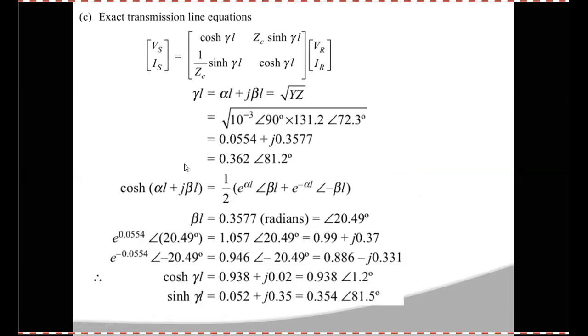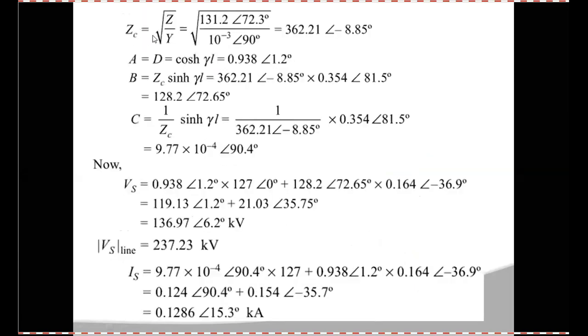ZC is the characteristic impedance, which is equal to square root of small z by small y, right?